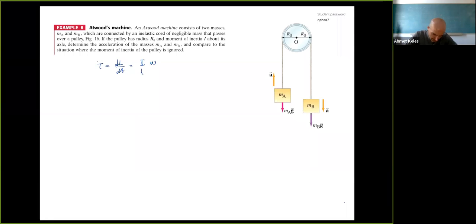The important thing we have to be careful about is that the moment of inertia is due to the pulley and M_A and M_B.